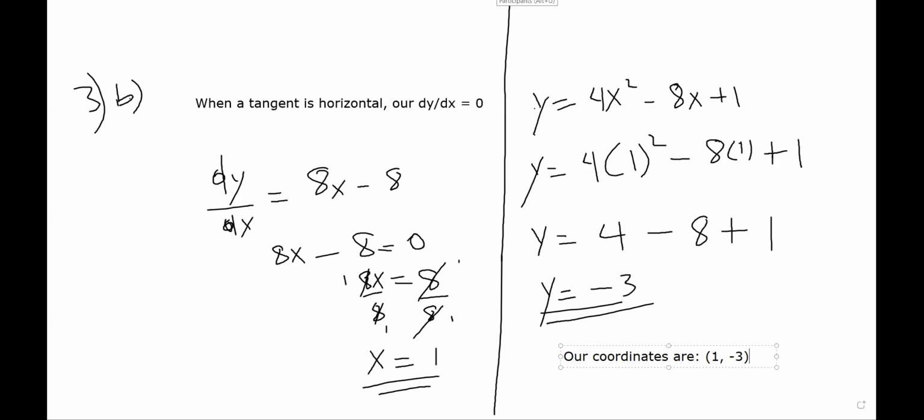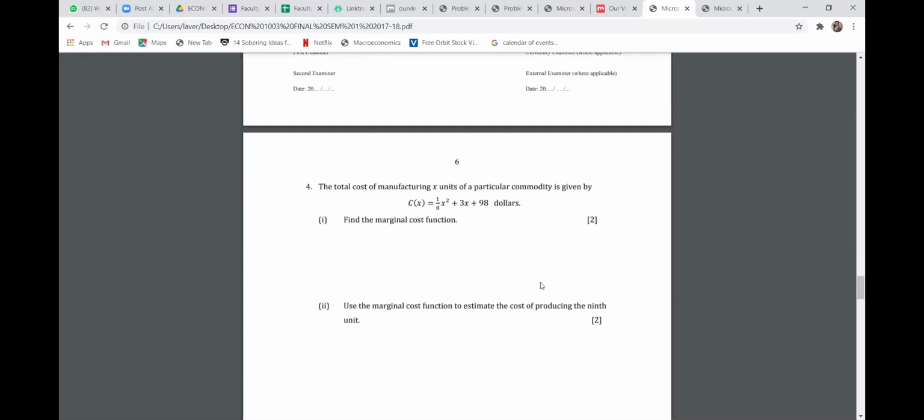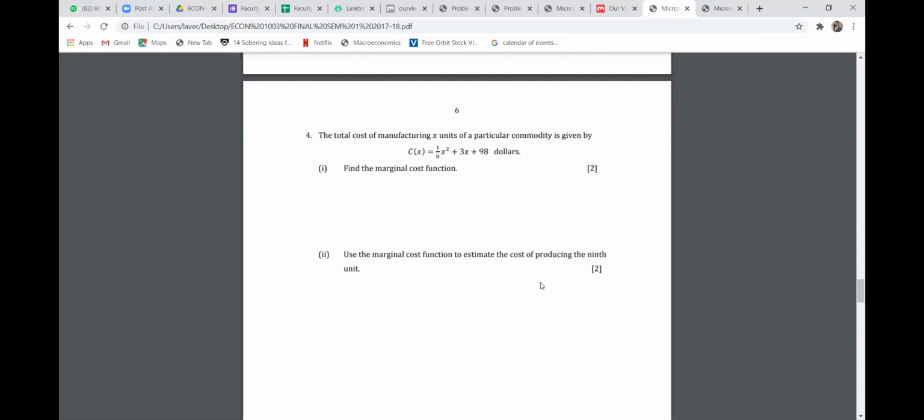All right, so we can move on to question 4. So I'm just going to clear the board. Pull up question 4. All right, so we're almost finished. Question 4 now, similar to what we did in the previous paper.